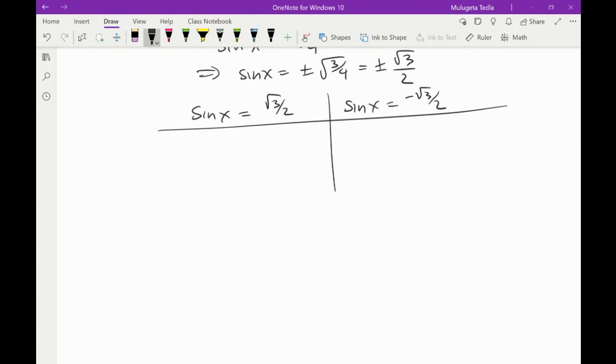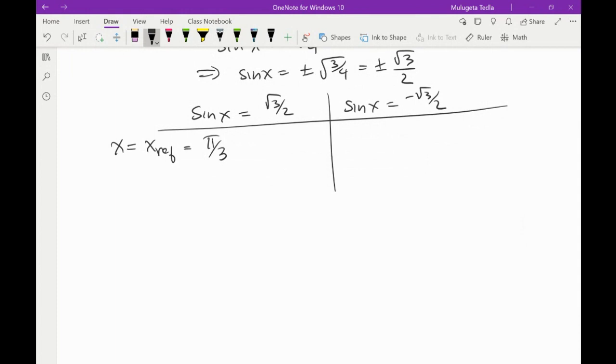Sine of x equals root 3/2. Of course, in here, x reference is sine inverse of root 3/2. If you don't remember what it is in terms of pi, sine of 60 degrees is root 3/2. So you know that x reference is pi by 3. 60 means pi by 3.